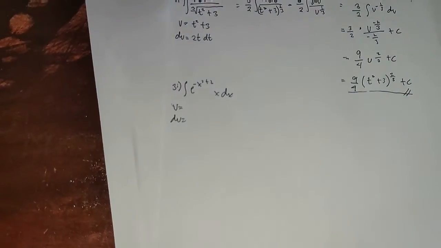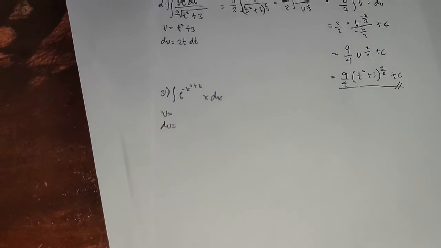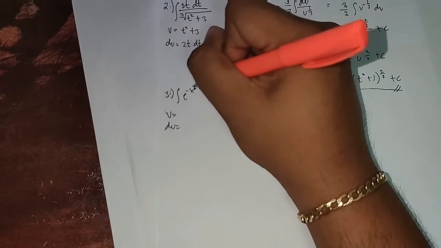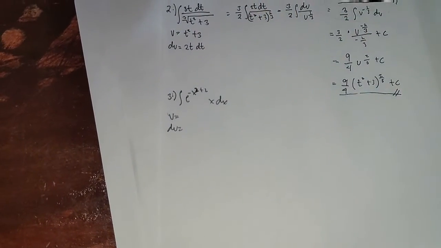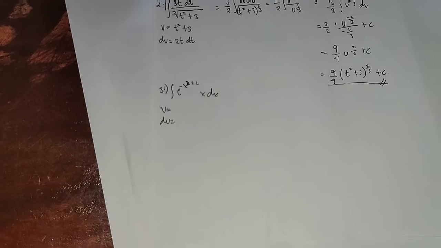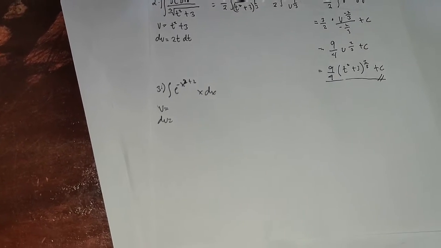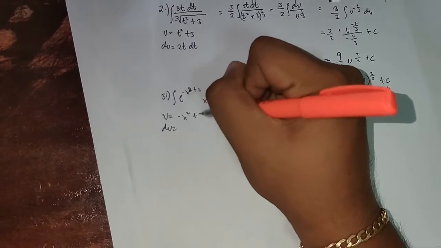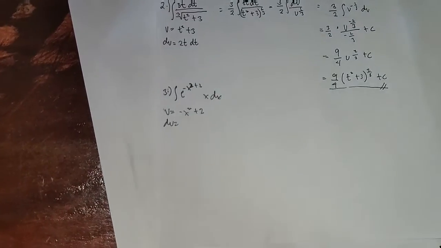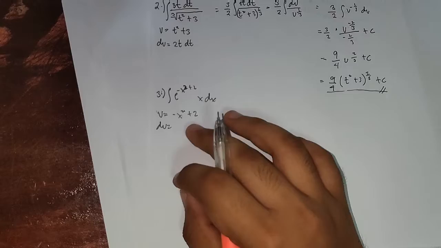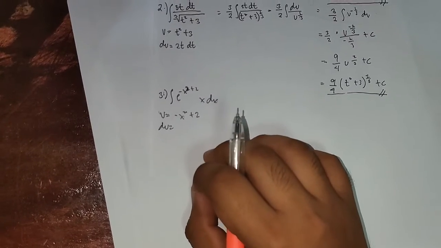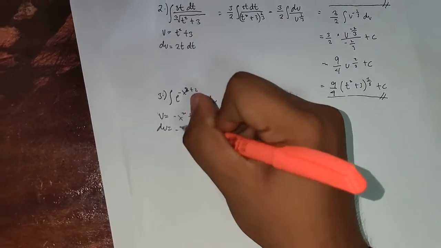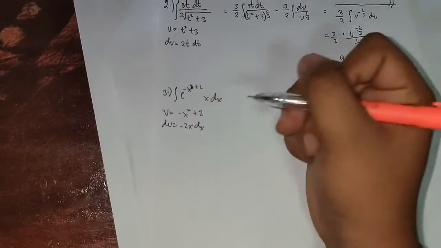So what do you think will be our u here? Sorry for writing it small. Our u here will be negative x squared plus 2, and the derivative of that, what do you think? It will be negative 2x dx.